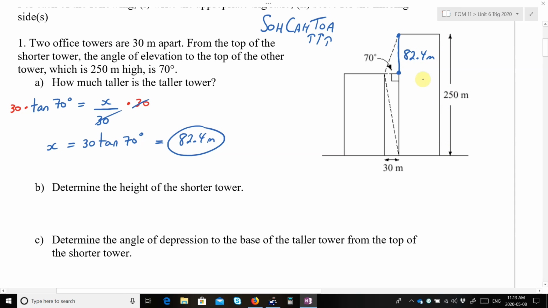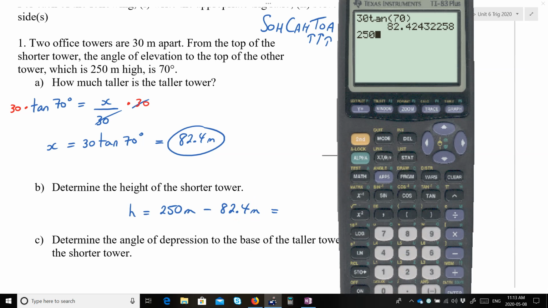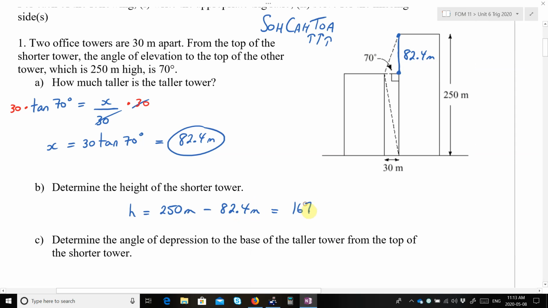So if I go 250 minus the 82.4, that will give me the height of the shorter tower. So I would go 250 meters minus the 82.4, and we get 167.6.